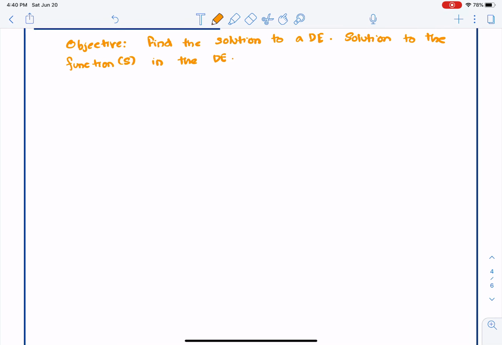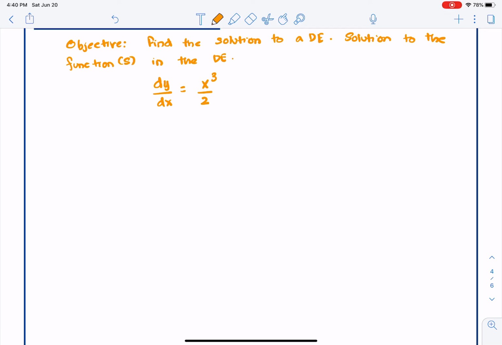For example, we have some function, dy over dx is equal to x cubed over 2.